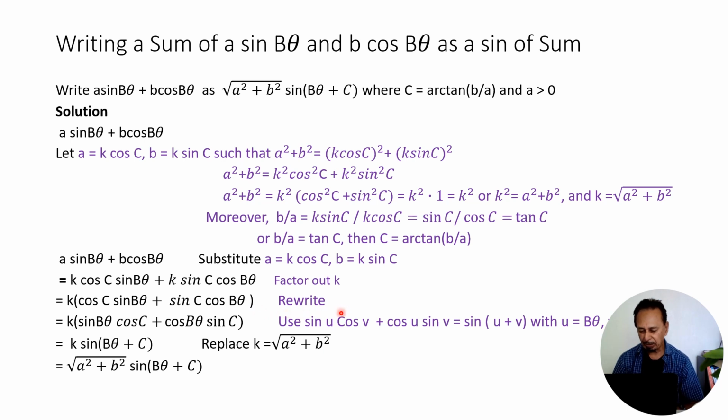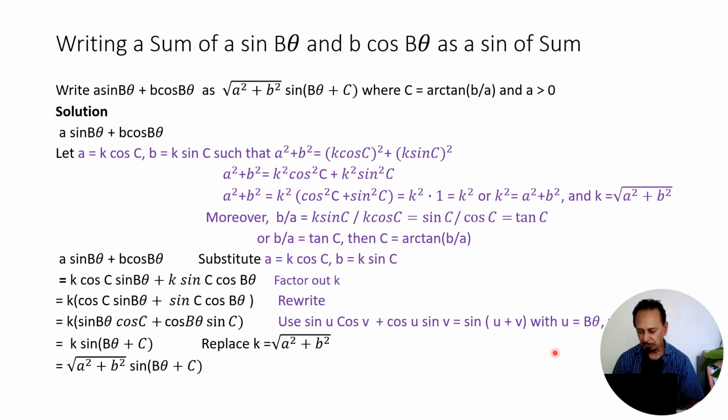And now we rewrite this as k times sine b theta times cosine c plus cosine b theta times sine of c. And it looks like this formula: sine u cosine v plus cosine u sine v, which is sine of u plus v.